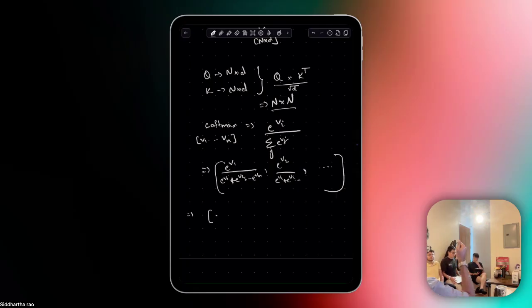If there is a certain difference between two elements in a vector, it blows it up. Even a low difference gets exponentiated, and that gives a very peaky behavior.